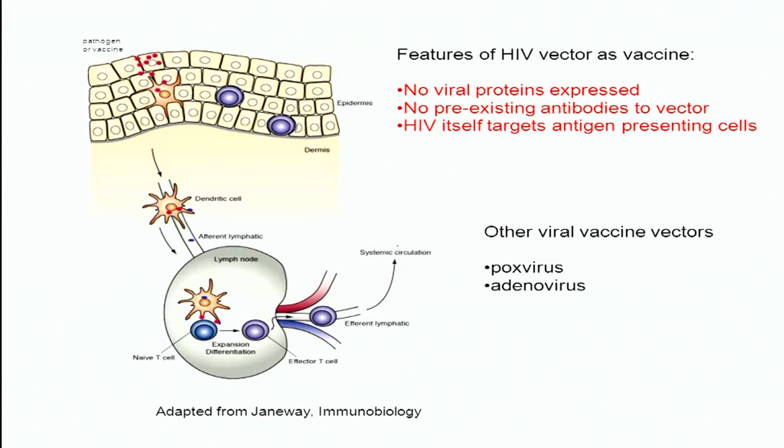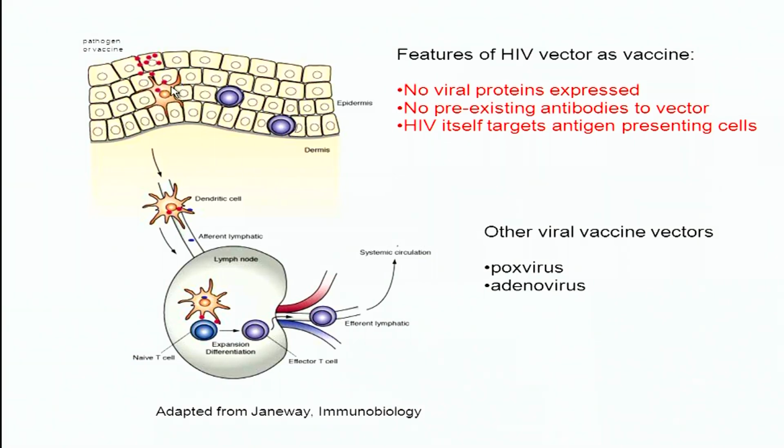Now, why we started thinking that HIV would be good for vaccination is the virus itself actually hitchhikes onto these antigen-presenting cells. One of the features of its life cycle is it's very efficient in infecting these cells.